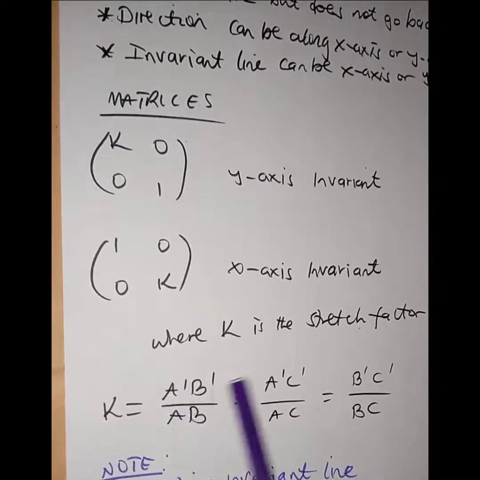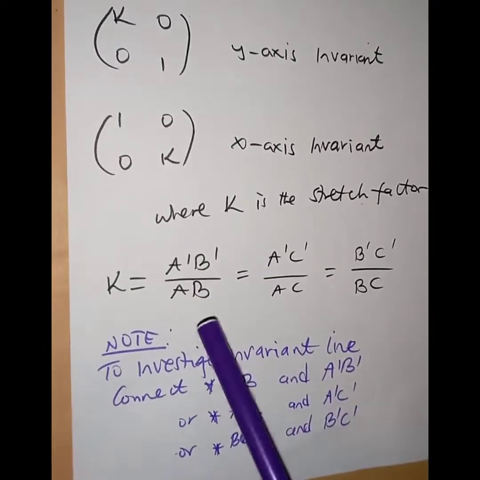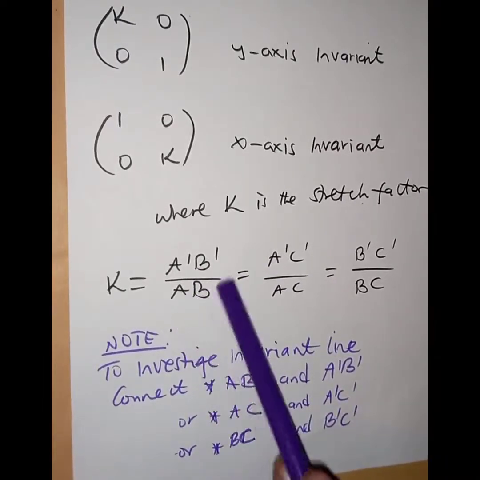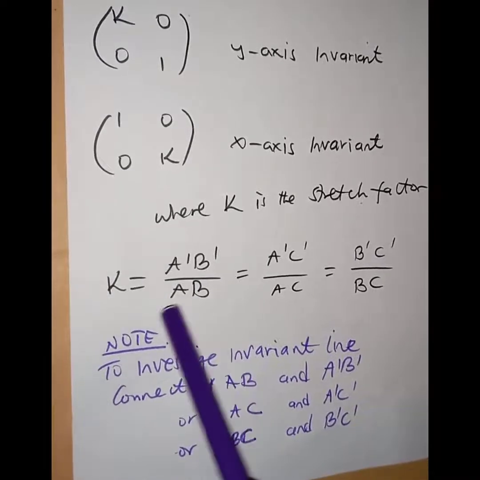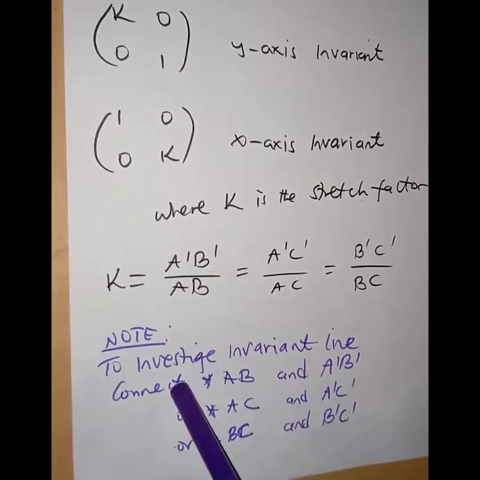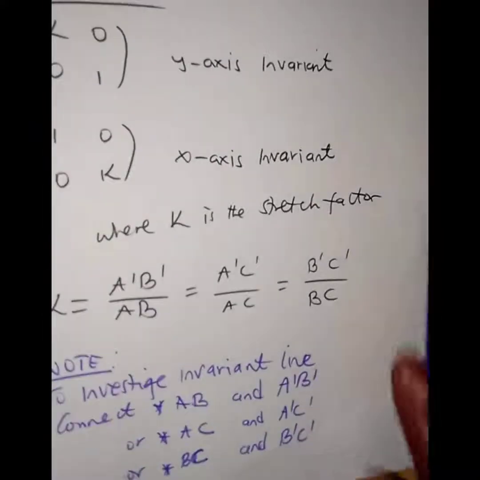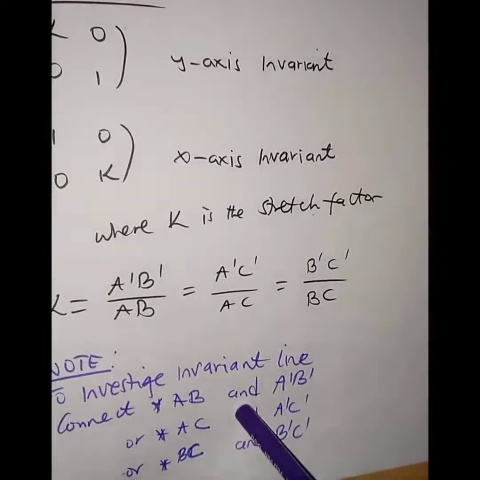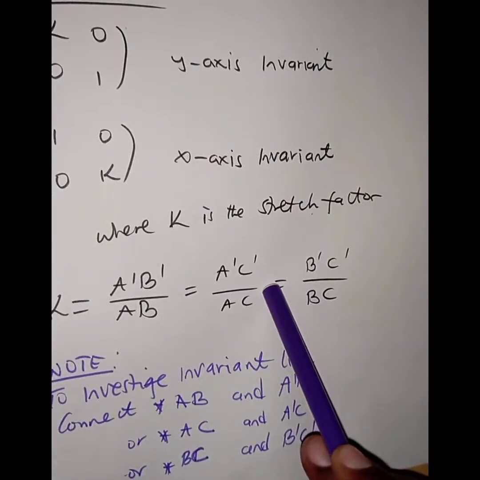Now, for you to know the stretch factor, which is k, get any two corresponding points, maybe A image to B image. How many units are in between? Then count for their objects now. From A object to B object, how many units are in between? You divide. It's not always AB. There could be AC on that shape. So you also get from A image to C image, how many units?